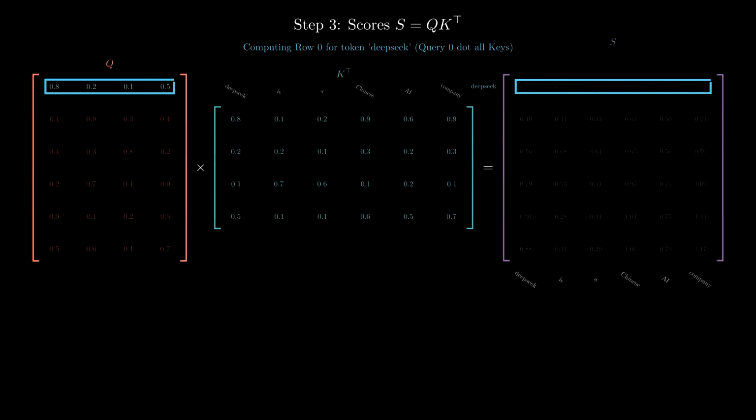Here we're computing the matrices. We dot DeepSeek's query across all keys. Company scores highest eventually at 1.18. So we go through all the columns to get to that number.